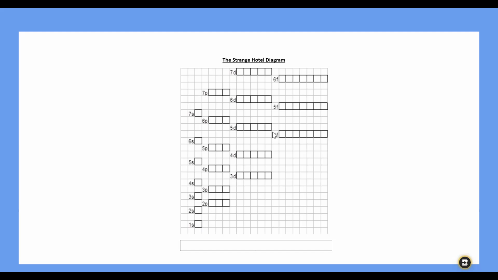4 types of rooms. S type of room can only have a maximum of 2 people stay in it. In each of these, there's one bed for S type of room. For P type of room, there will be 3 beds, B-E-D-S, I mean, okay?